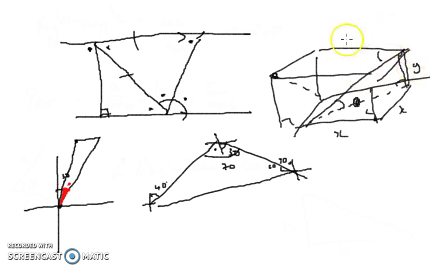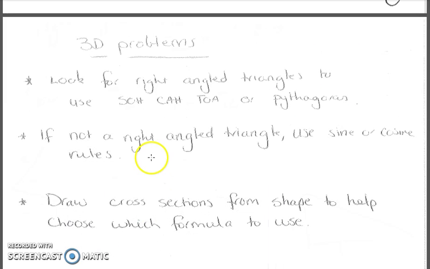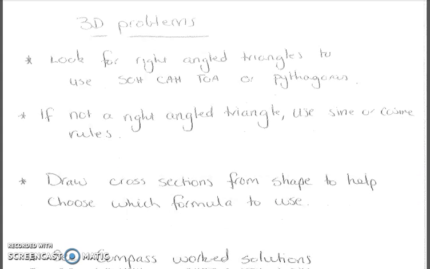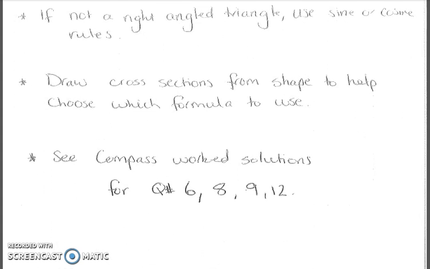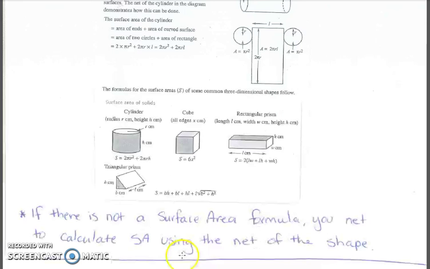So first off, check that you can use all the formulas that are related to right angle triangles. If not a right angle, then use sine or cosine rules. Just first off, double check that you can use the information for a right angle triangle. Draw cross sections of shapes to help you understand which formula to use.